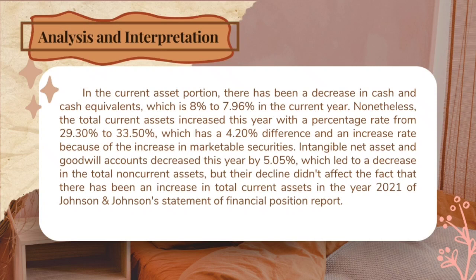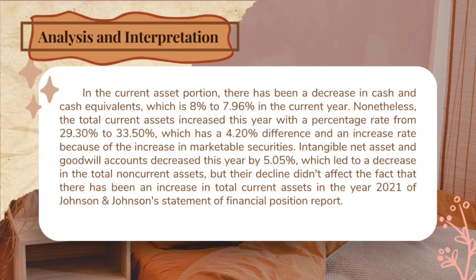Nonetheless, let's focus on the total current assets percentage. The total current assets increased this year from 29.30% to 33.50%, which is a 4.20% difference and an increased rate because of the increase in the marketable securities.